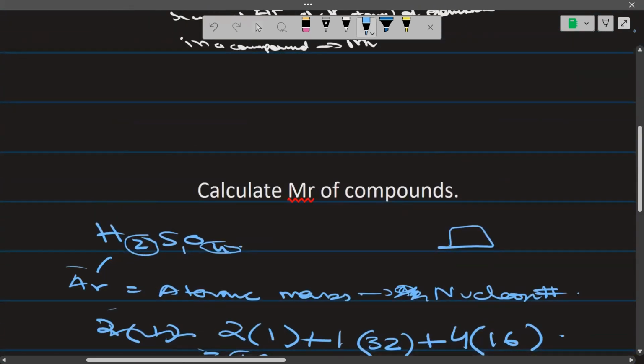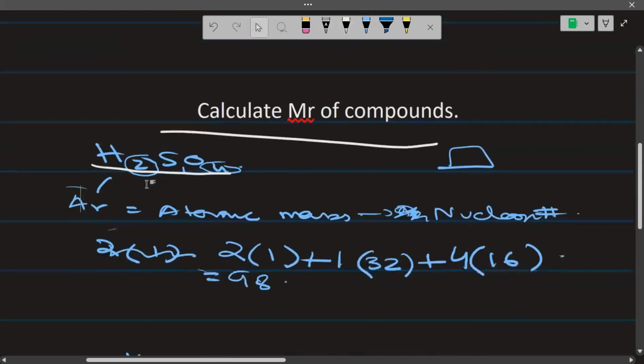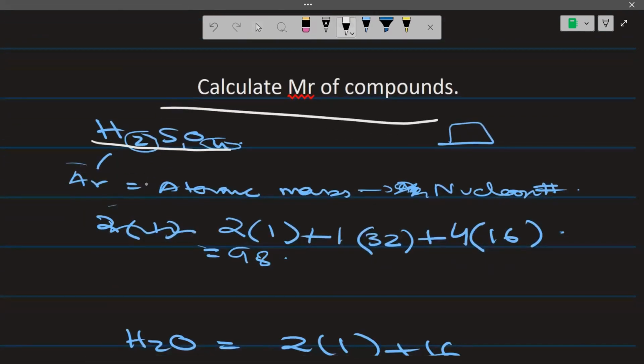So here is a compound which is H2SO4. Basically, how do we calculate it? We calculate it by taking the AR. So what's the AR of hydrogen?